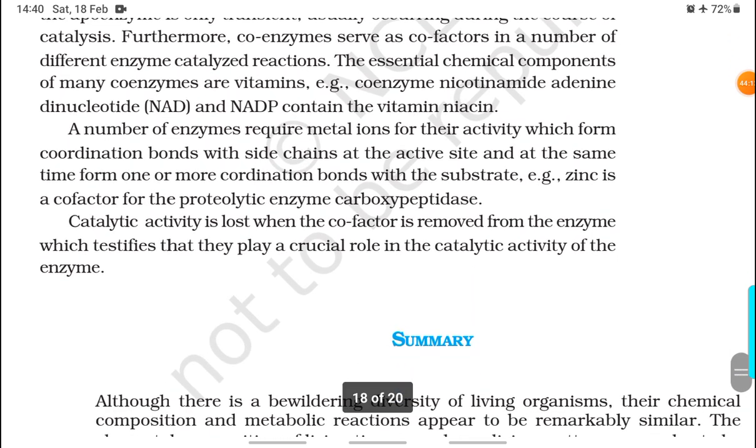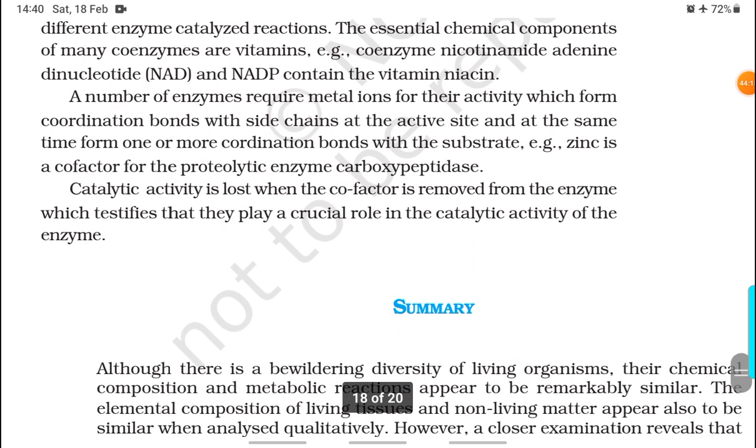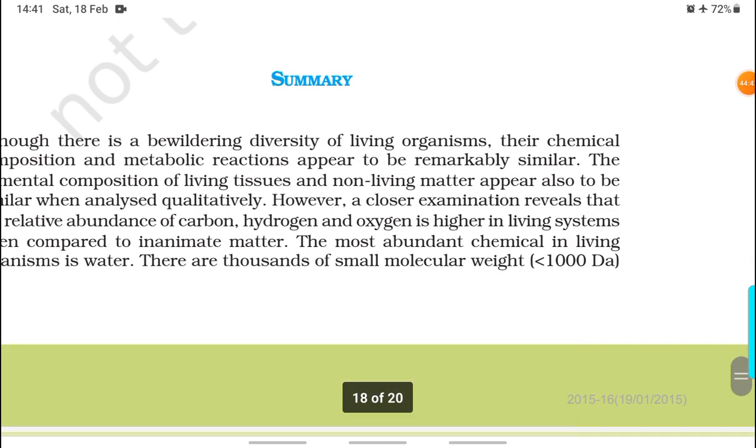A number of enzymes require metal ions for their activity, which form coordination bonds with side chains at the active site and at the same time form one or more coordination bonds with the substrate. For example, zinc is the cofactor for the proteolytic enzyme carboxypeptidase. Catalytic activity is lost when the cofactor is removed from the enzyme, which testifies that they play a crucial role in the catalytic activity of the enzyme.